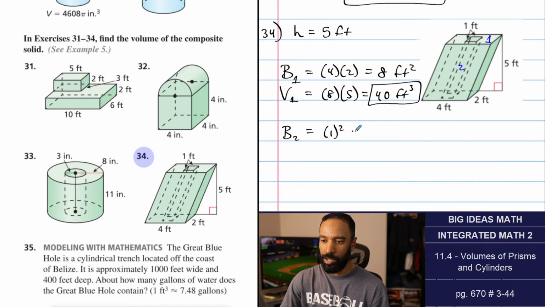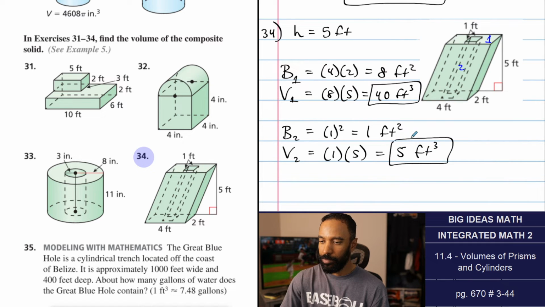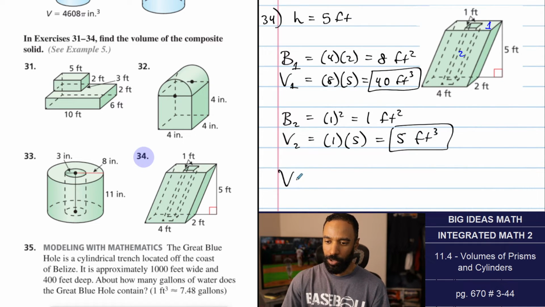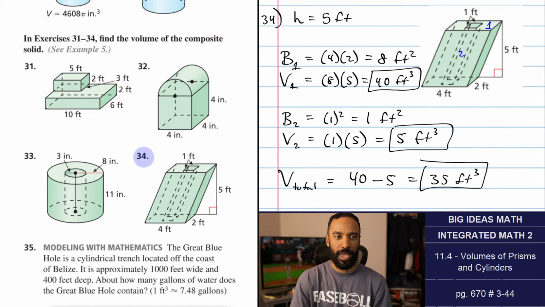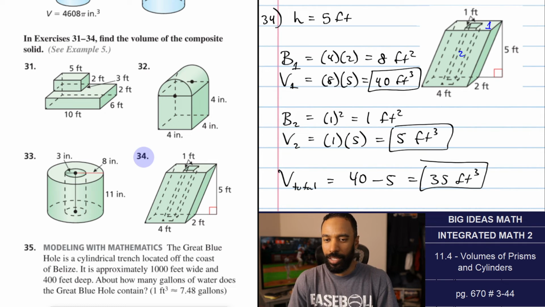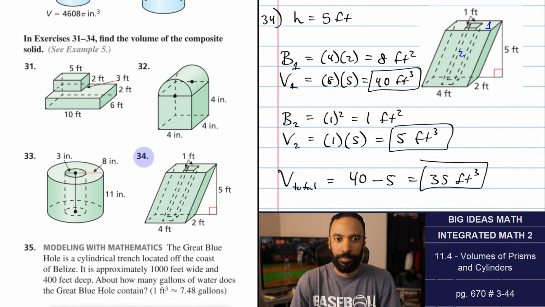So 1 squared, so 1 square foot. So the volume of object 2 is area of base times height, which is 5. So we get 5 cubic feet there. The volume of the total, we are going to be taking 40 cubic feet and subtracting 5 cubic feet. We get exactly 35 cubic feet. Assuming no mistakes were made, we should be just good on that one for number 34.